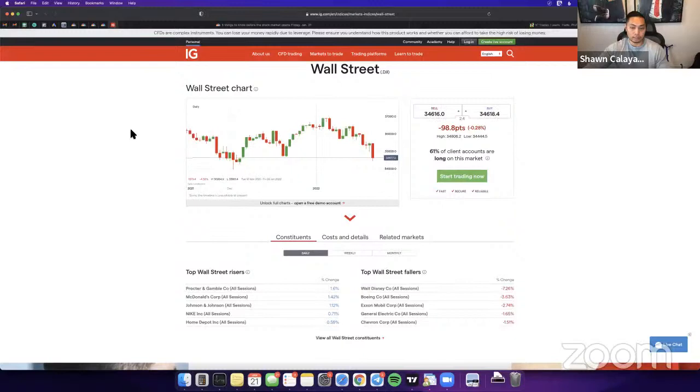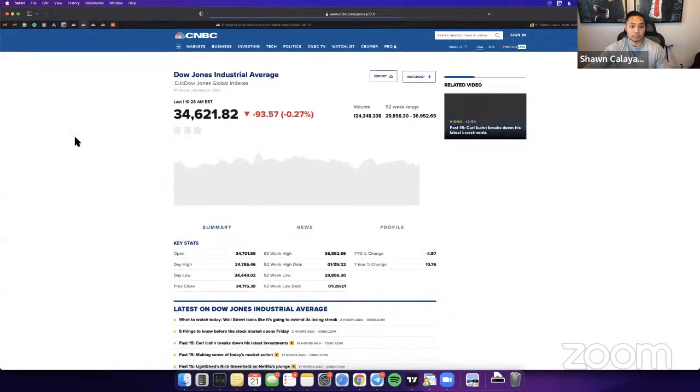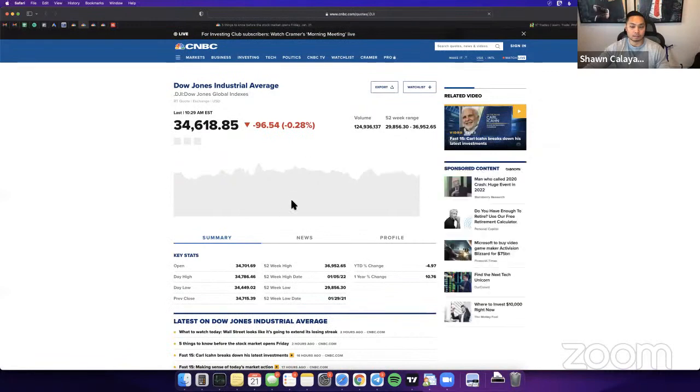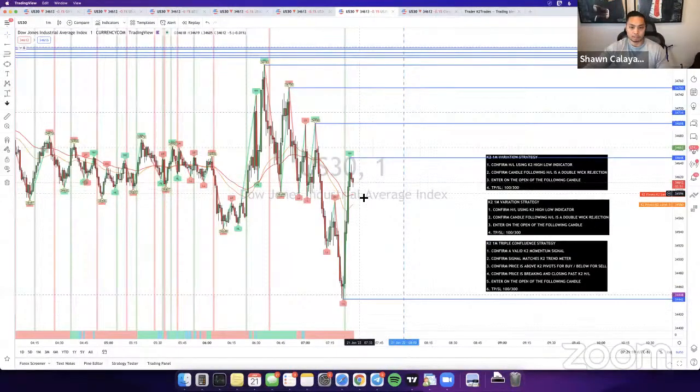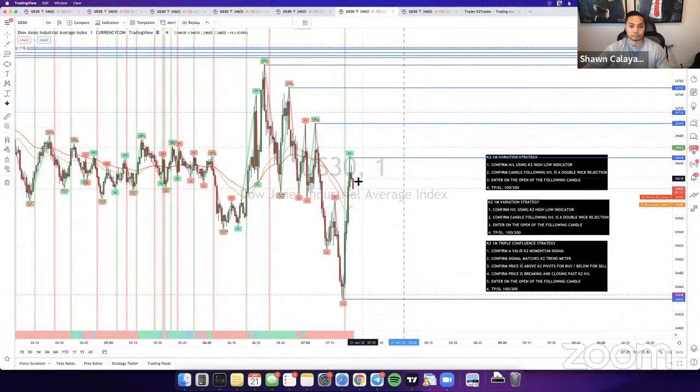Looking over here at retail sentiment, it's still 61% long. Fundamentals are currently negative 96. So it's still slightly below 100 if it pushes down lower. If it's at 96 right here, and price drops below this point, I'll draw a horizontal line right here.